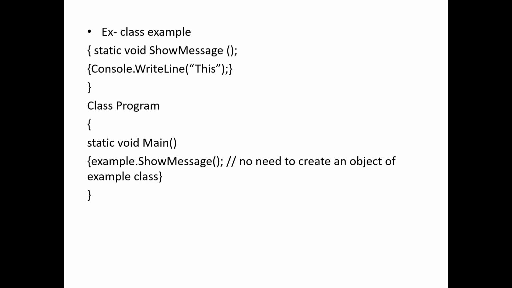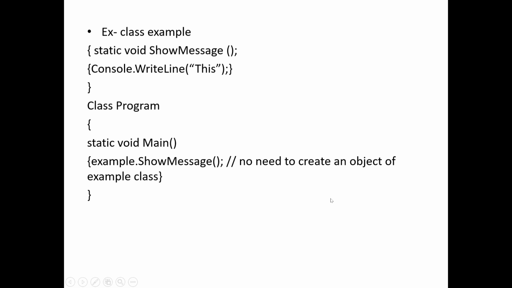It means that if in a class we declare a function like public static void and then the name of the function, then while calling that function in the main function, we do not have to make an instance of the class and then call the function. We can directly call the function without making an instance. That is why we say it belongs to the class itself rather than an instance.